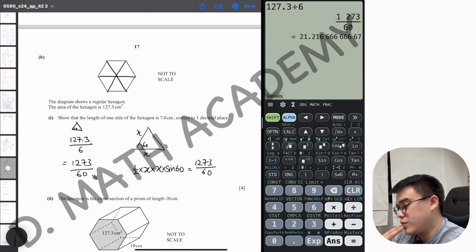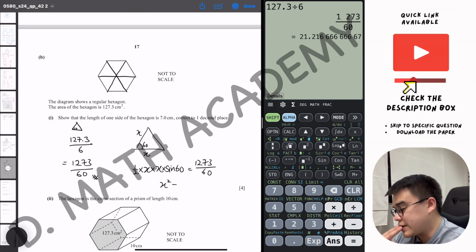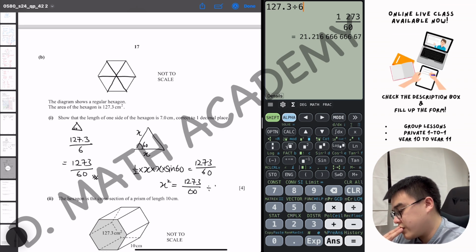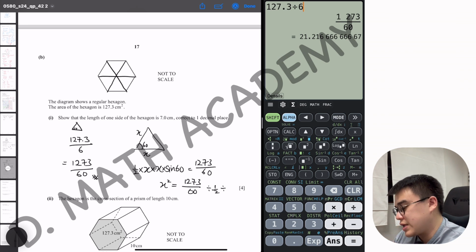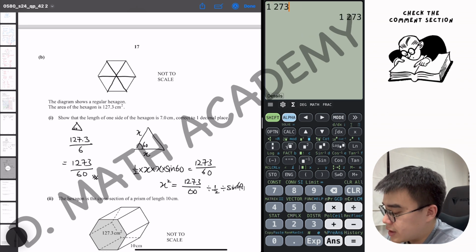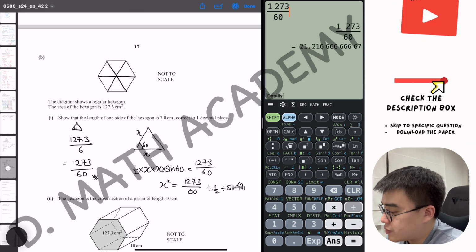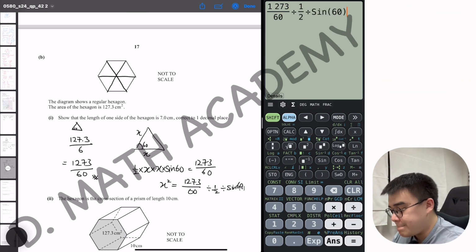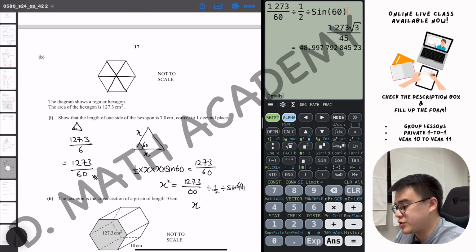So if I were to make x squared the subject, 127.3 over 6 will be divided by 1 over 2, divided by sine 60. Your x result will actually be the square root of this entire thing.